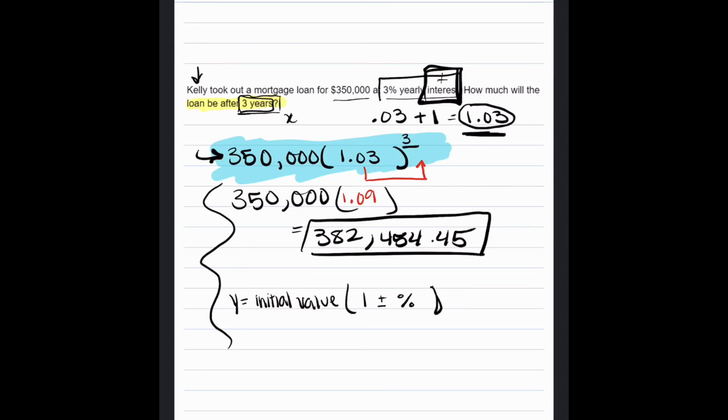The plus or minus depends on whether we're talking interest or taxes. And then you raise it to your x power, where x is usually time. Okay, but we will explore this more in the next problem.